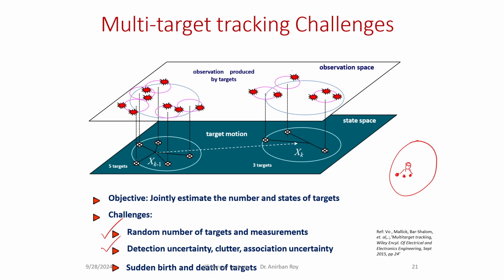Which one will you use? Your Kalman filter knows only one measurement for its update, so you have to pick one. This is called association uncertainty, or gating. Or one measurement could fall into 2 overlapping gates, so this measurement will be taken by this target or by that one.